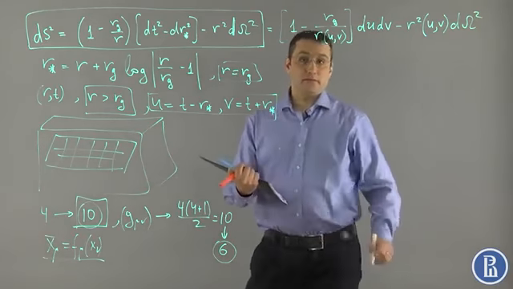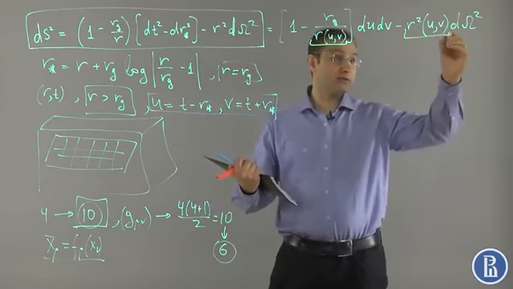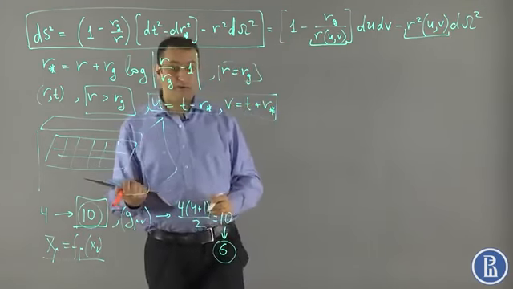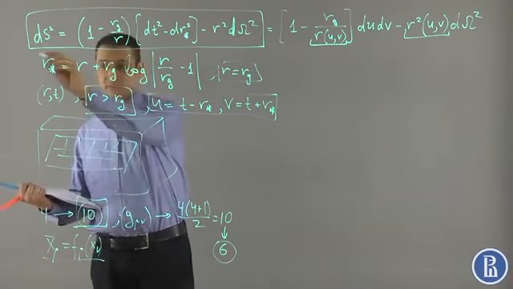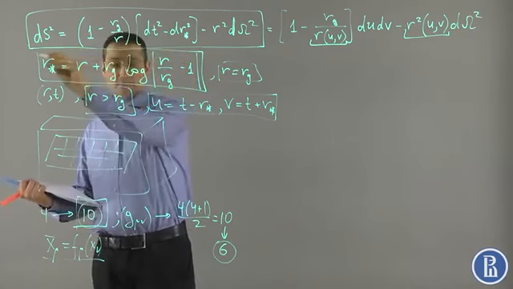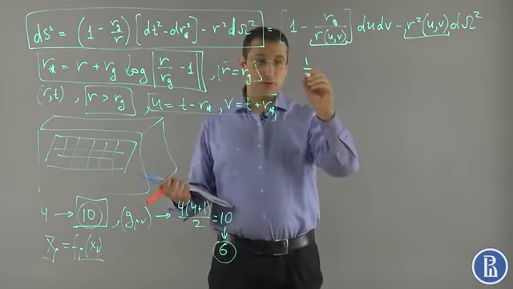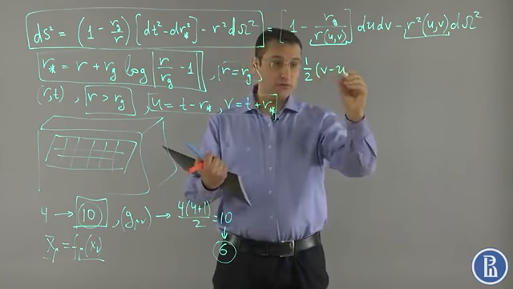Here r is understood as an implicit function of u and v, and the form of this function is fixed by these relations, because from here we can find r star, which is equal to 1/2 (v minus u).